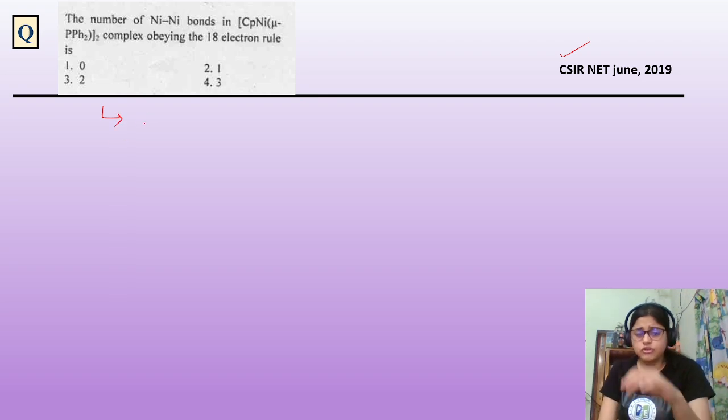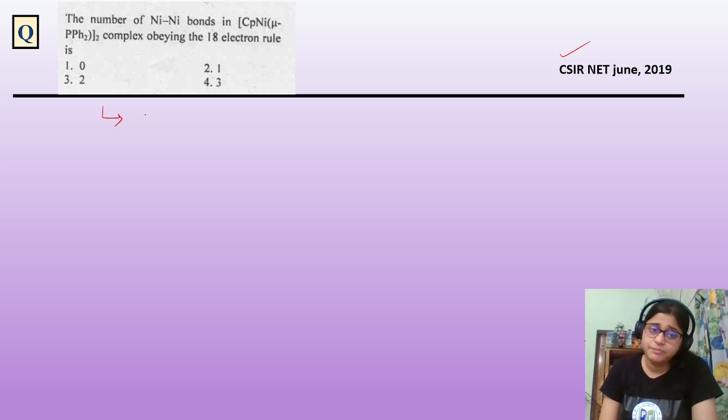For the 18 electron rule, we have to consider the metal valence electrons. Here whole 2 is given, so we have to count double of each electron. Ni d8 means 10 electrons, and if we double it, it will be 20. Plus Cp 5, doubled, 10.